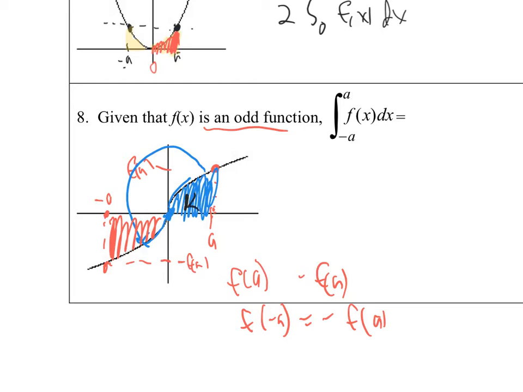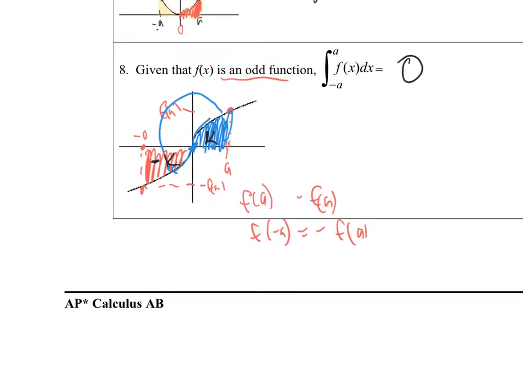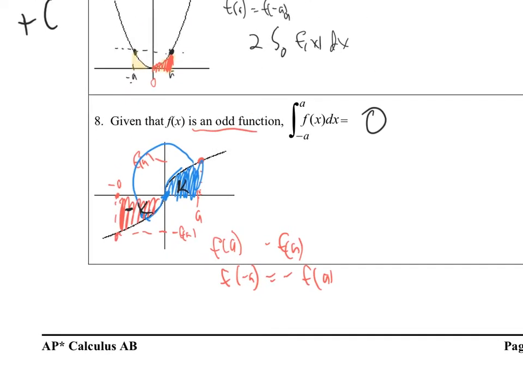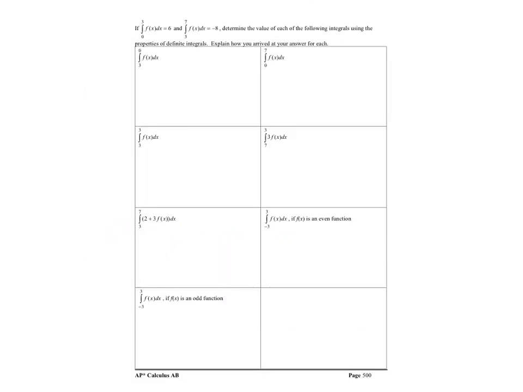This area is underneath the x-axis. What's negative k? So the area from negative a to a ends up canceling out because they're the same areas. When you add them together, it cancels out. That was special. Note to self.